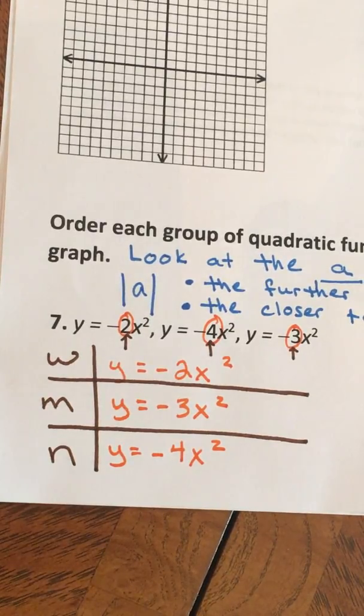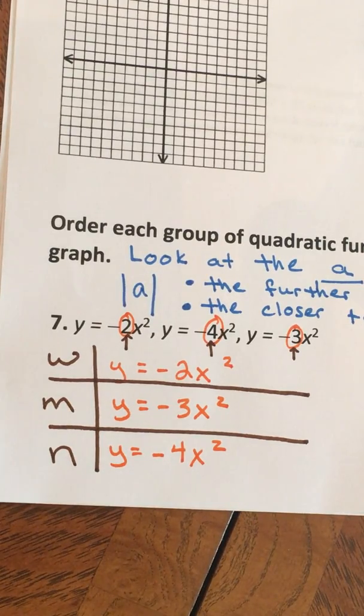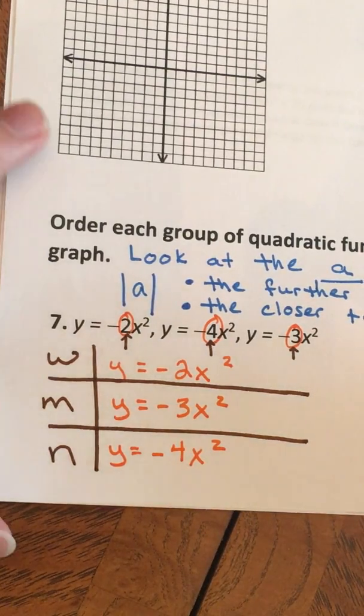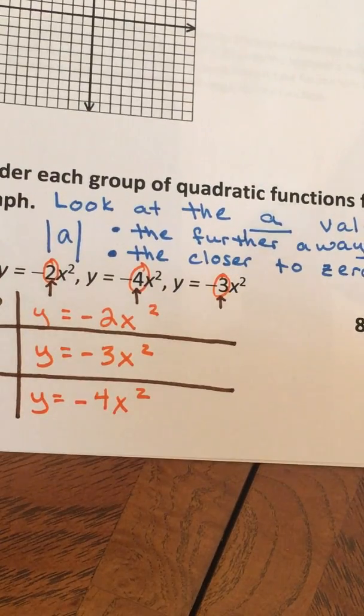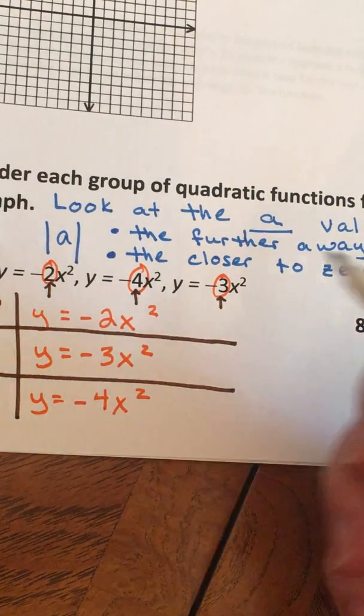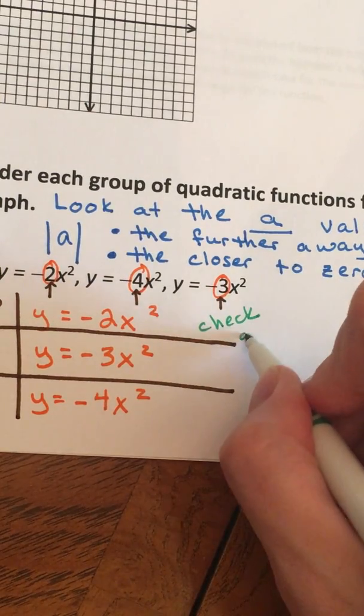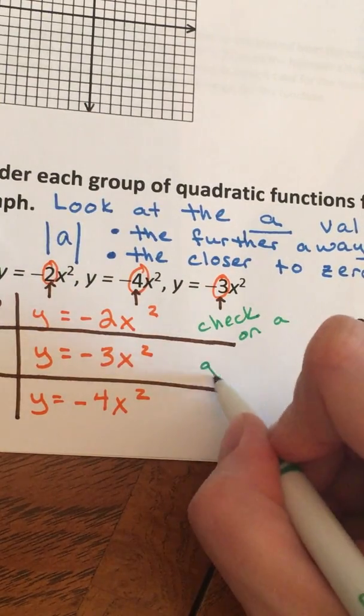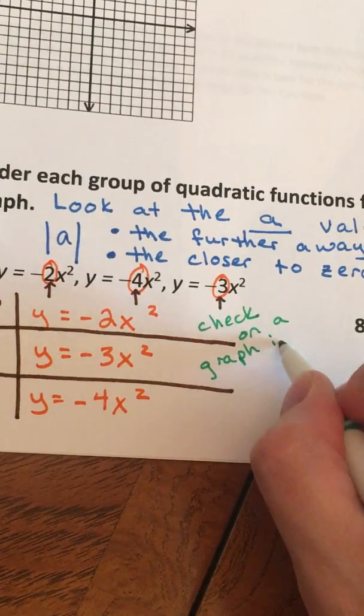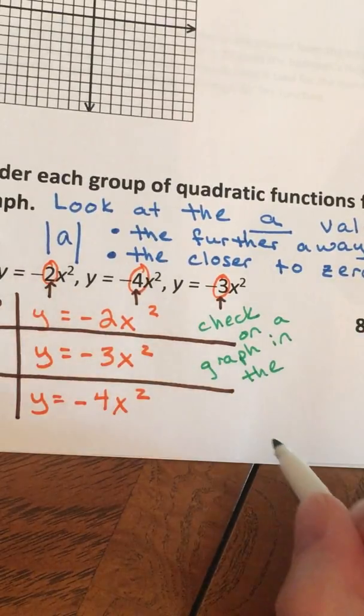A great way to check these is using your graphing calculator, and that way you'll get a nice visual picture to tell you if you have learned the rule and applied it correctly. So let's write ourselves a note. Check on a graph in the calculator.